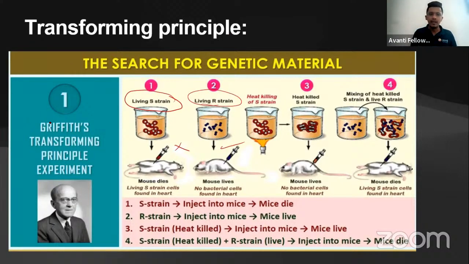Now he takes the smooth strain and does heat killing. Many students get confused about what heat killing is. Non-scientific people like us, who are just learning, think it is like boiling. Let's boil the bacteria.